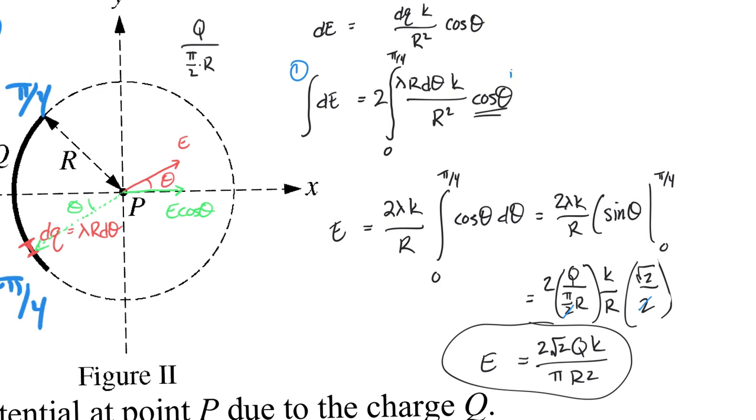But they gave a separate point for recognizing that the cosine is how you will get the horizontal pieces. They gave 1 point for changing the variable to something you can integrate. In our case, changing it to d theta from dq.